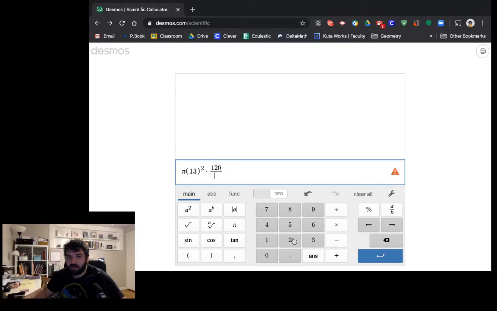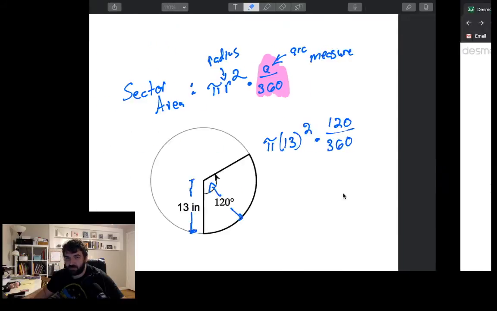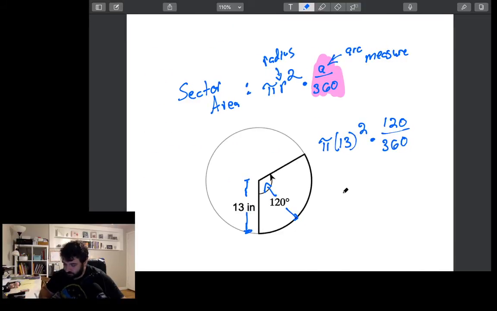Arrow on down and get 360 for our denominator. And it should come out to 176.97. And then this is inches squared because we are talking about the whole amount inside of here.